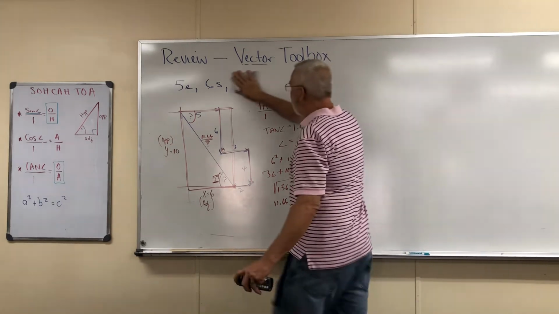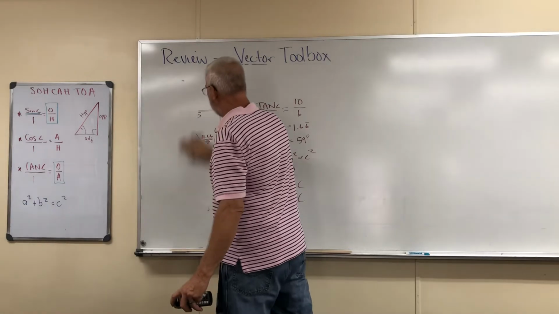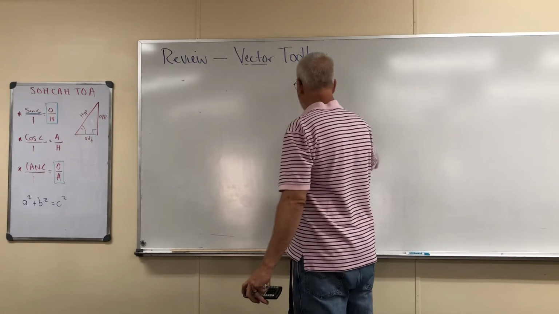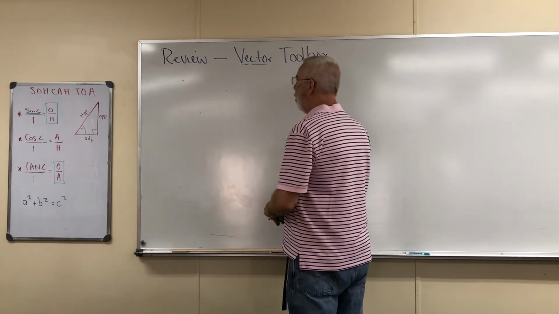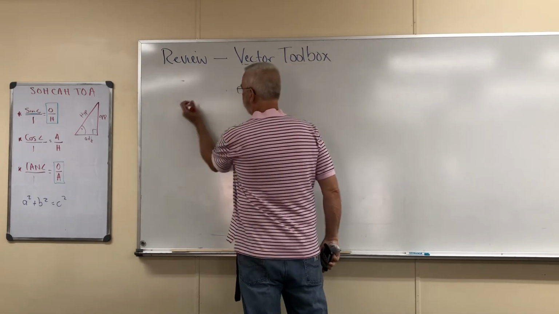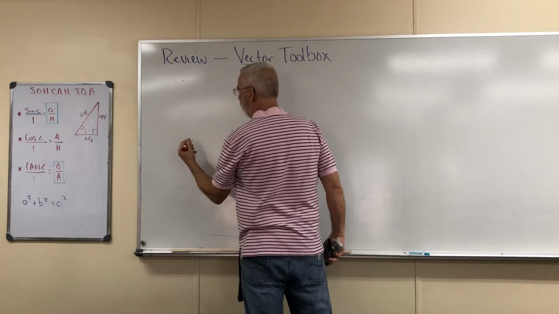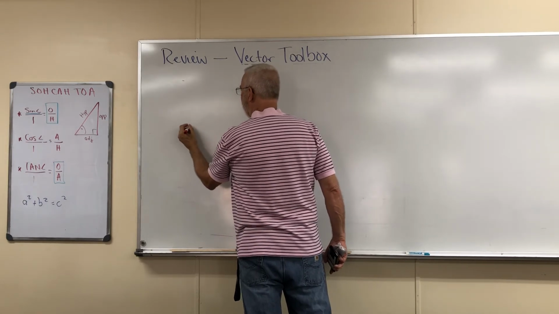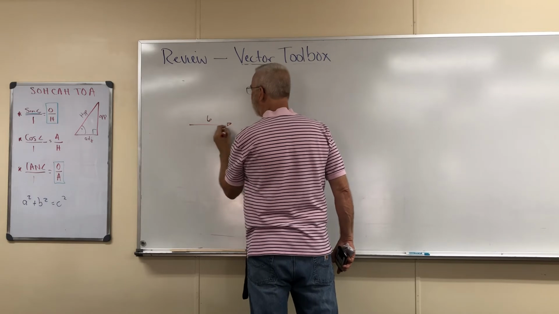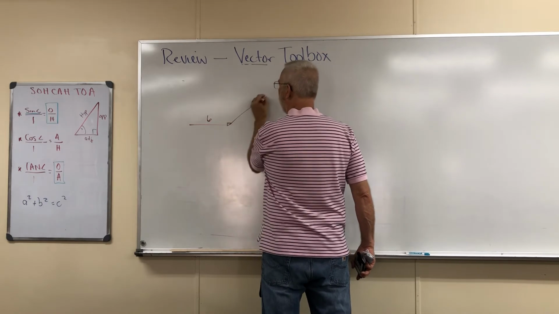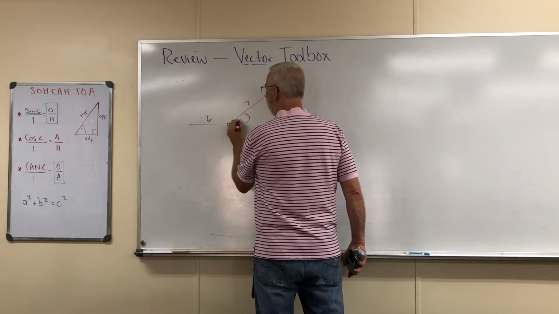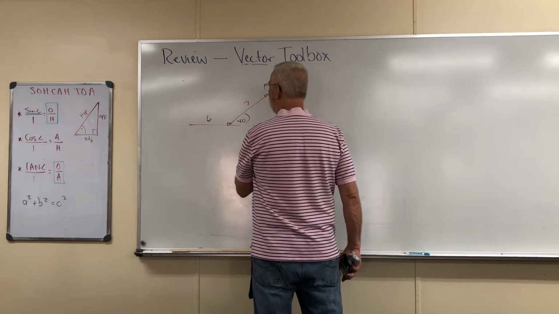Now, the last of the toolbox that I want to talk about has to do with vectors that go off at angles. And the review sheet that I gave today in class looked like this. It went out a value of 6, and then it went up a value of 7 at a 40-degree angle.